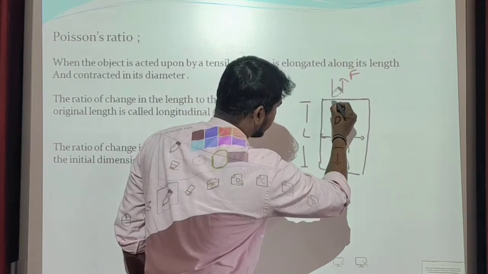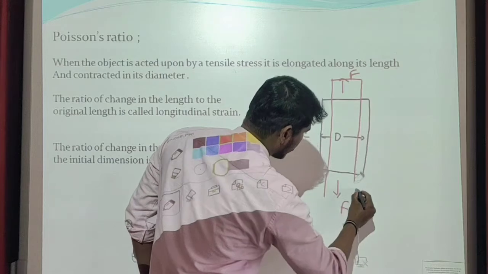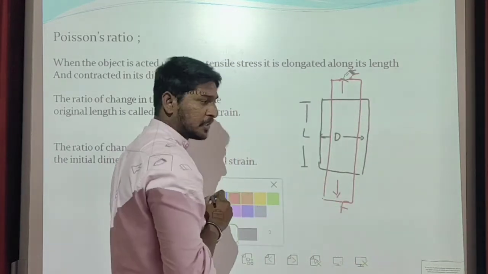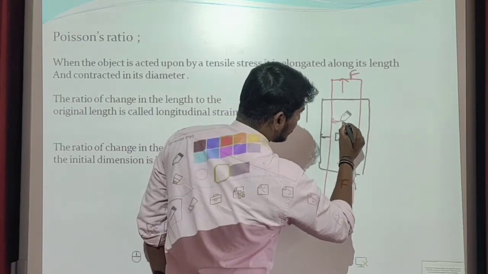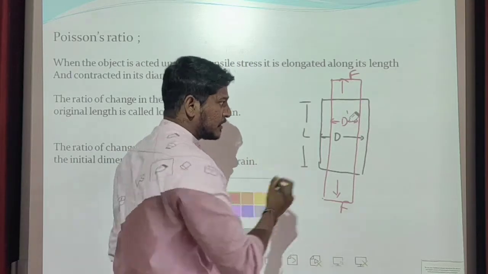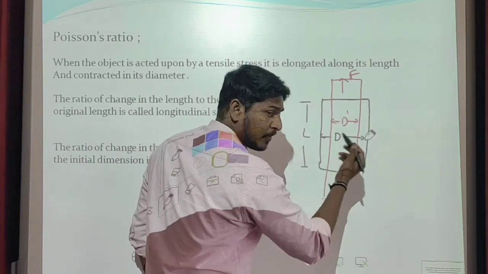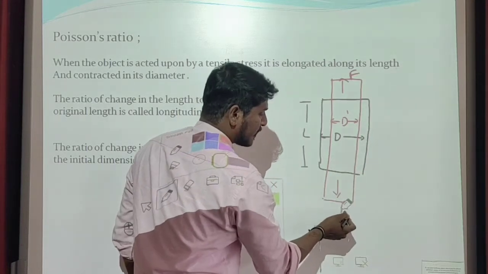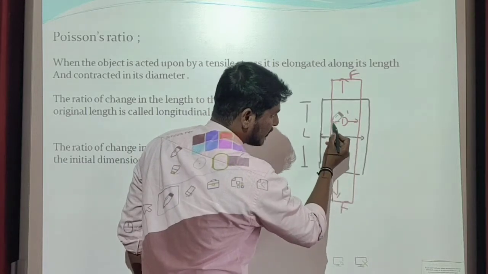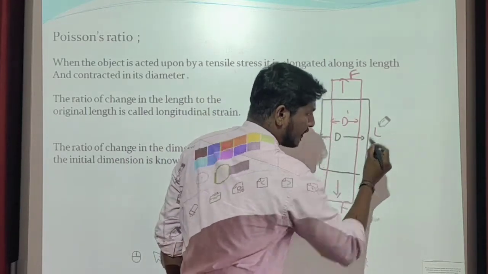That is, there is an increase in the length of the object and also a decrease in its dimension, that is diameter. Initially it has diameter D, and after applying this tensile stress, the body undergoes deformation. After deformation, it has diameter D dash and length L dash.